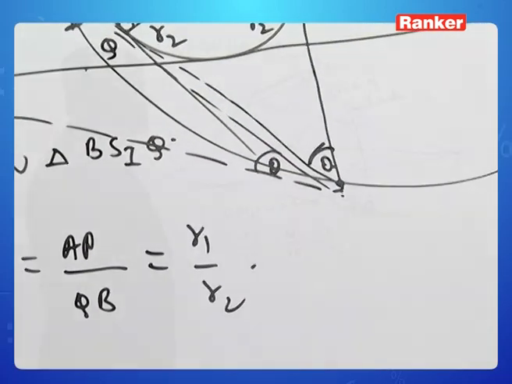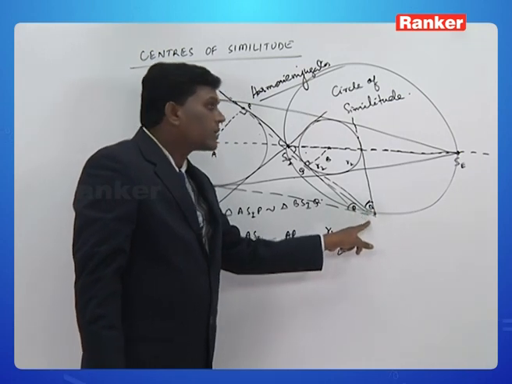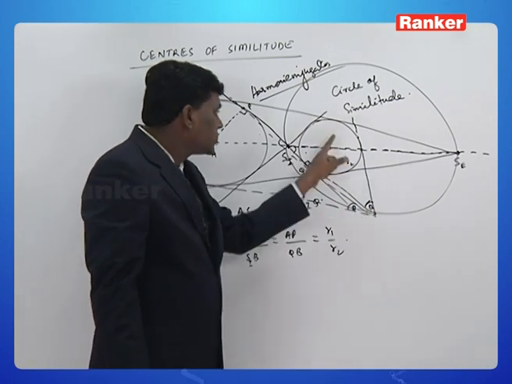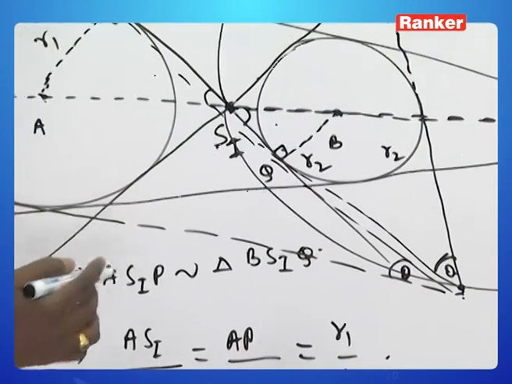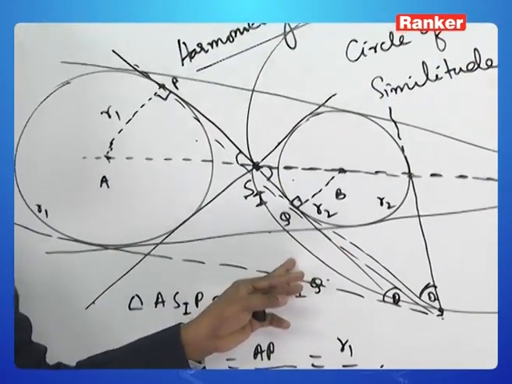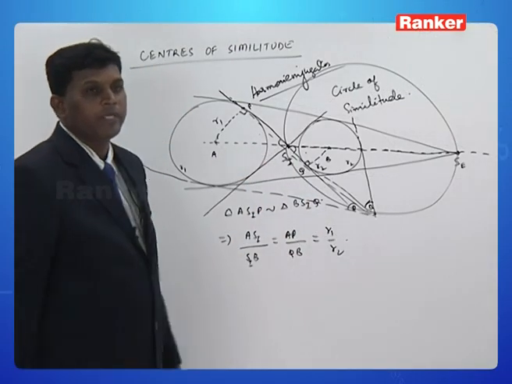The angle between tangents drawn from any point on this circumference to both the circles is always the same. By using this property, we can get the circle of similitude in a more comfortable way.